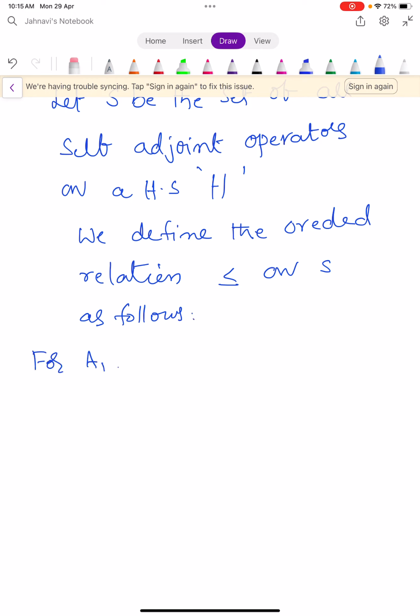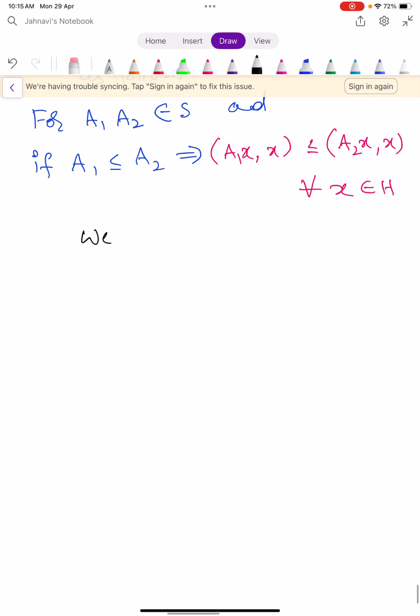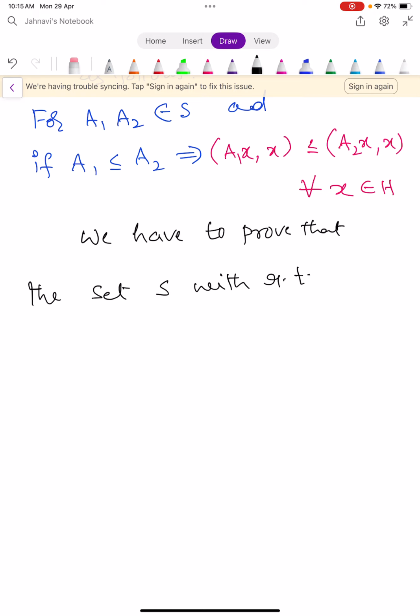For a1, a2 belongs to capital S, if a1 less than or equals to a2, which implies the inner product of a1x, x less than or equals to the inner product of a2x, x for all x belongs to capital H. Now we have to prove that the set capital S with respect to less than or equals to is a partially ordered set.